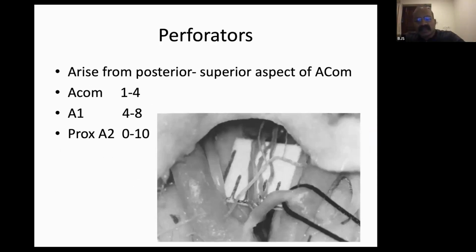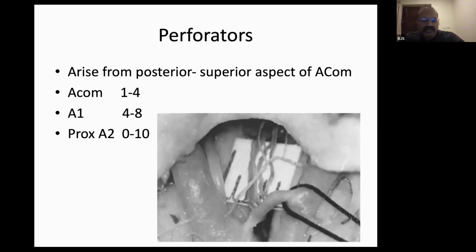Perforators arise from the ACOM, but the main point of concern here is that the ACOM perforators usually arise from the posterior-superior aspect of the anterior communicating artery. Perforators very rarely arise from the rest of the surfaces, but most commonly they arise from the posterior-superior surface.